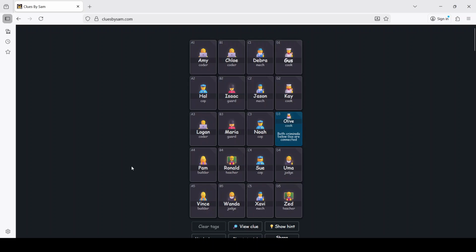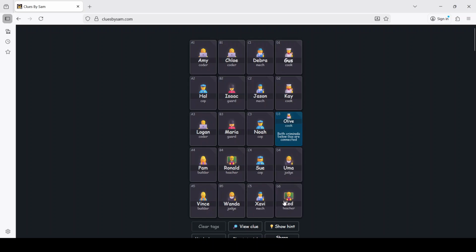We are starting off with Olive the Cook in D3, who is giving us the clue: both criminals below Gus are connected. Gus the Cook in D1 is at the top of column D, which means we have K in D2, then Olive in D3, who is innocent.